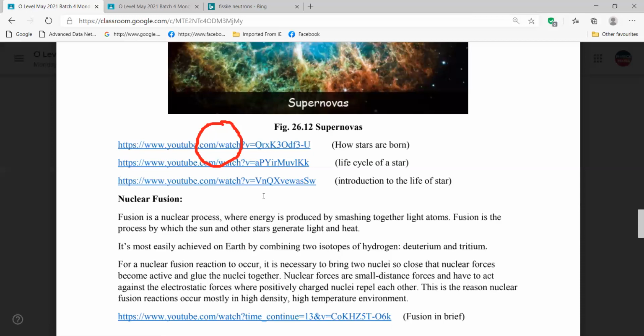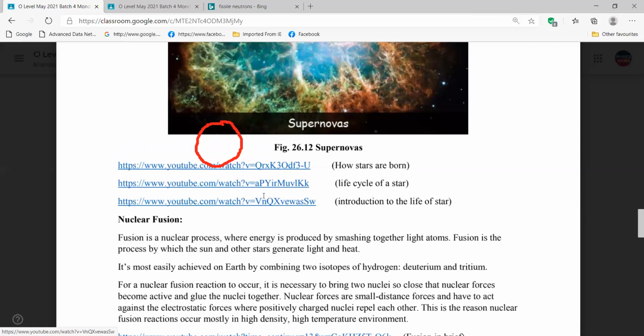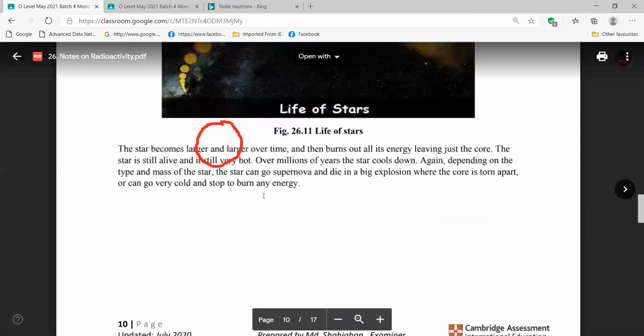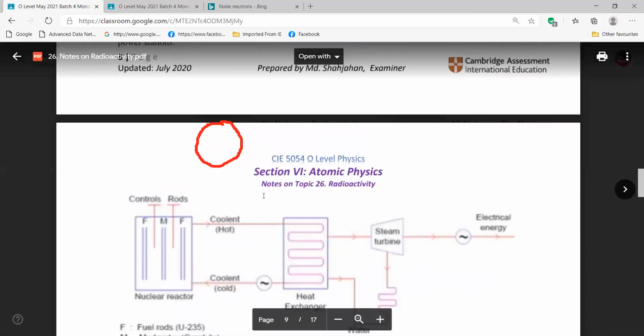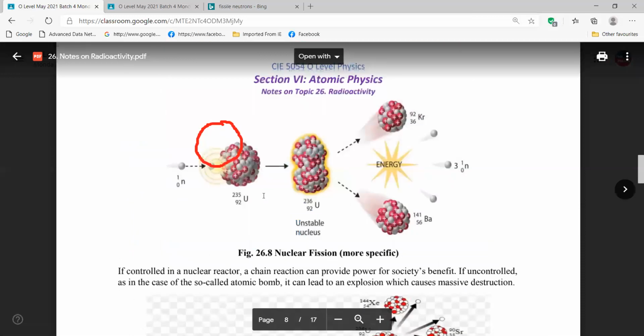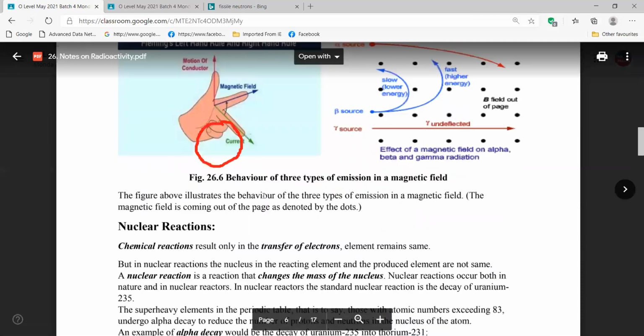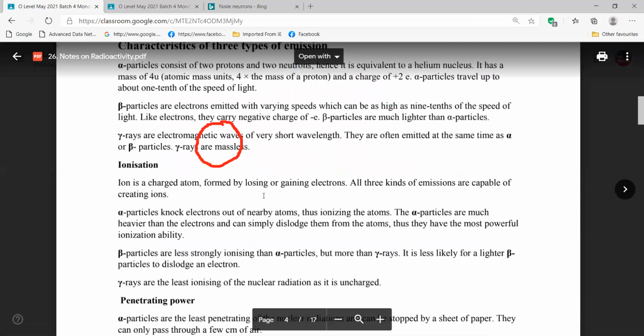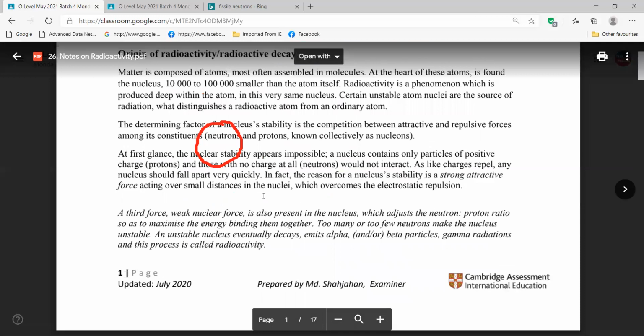One more thing, sir. Can you go to the learning outcome? It's a big topic, lots of pages, 17 pages.